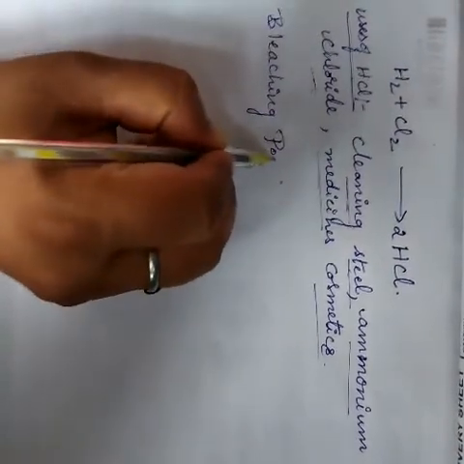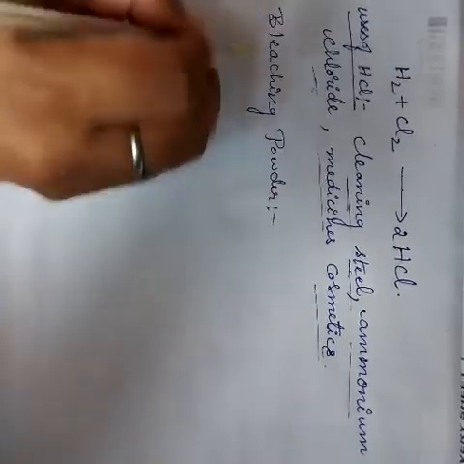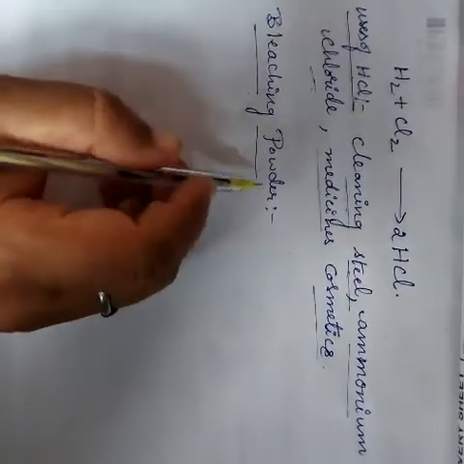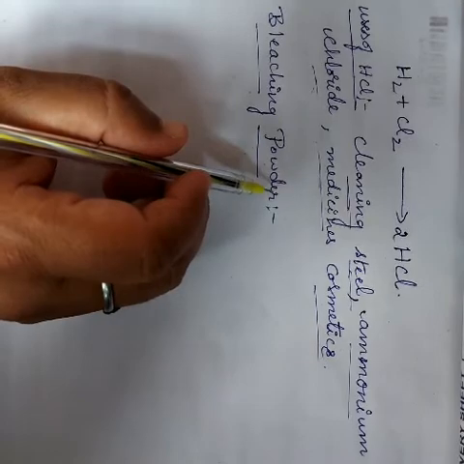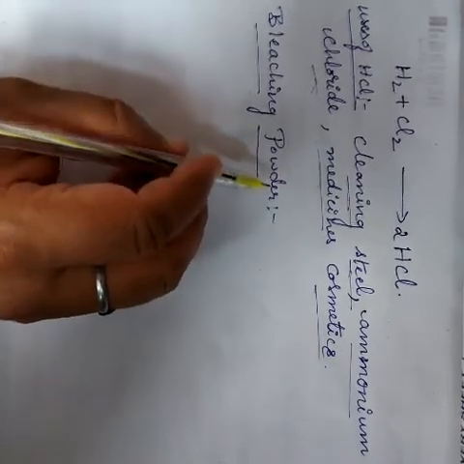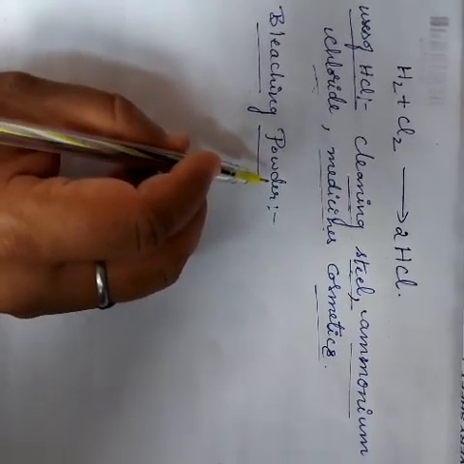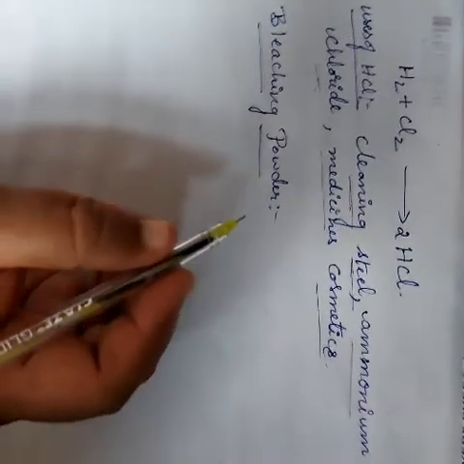Bleaching powder, how is it formed? Chlorine gas is used for making bleaching powder.